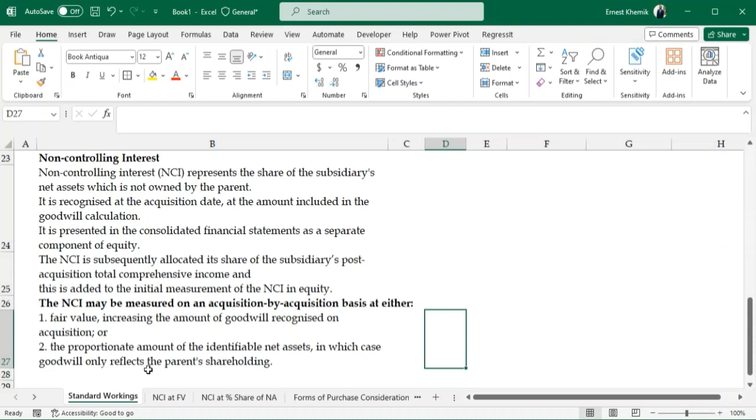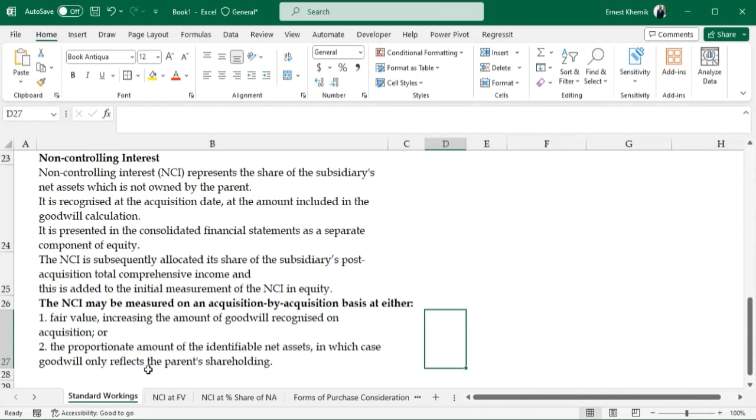If the fair value of the non-controlling interest is not given to you in a question, but that is the measurement method that has been stated, then you have to use the formula: the market value of the share in the subsidiary multiplied by the number of shares owned. Alright, so the share value of the subsidiary at the date of acquisition multiplied by the percentage of shares owned by the NCI. That will give you the fair value of the NCI at acquisition.